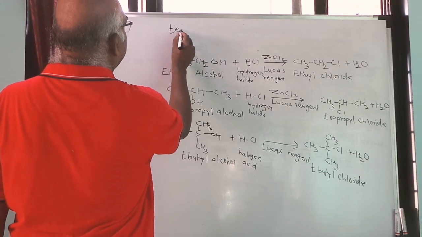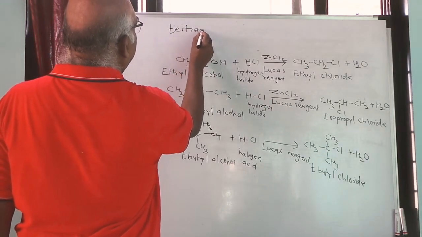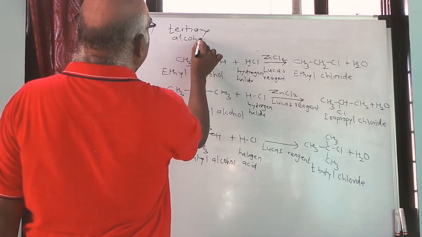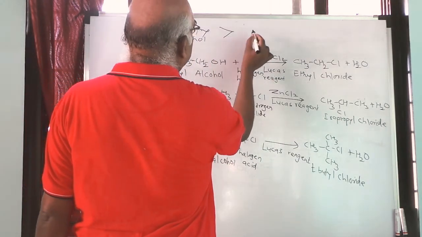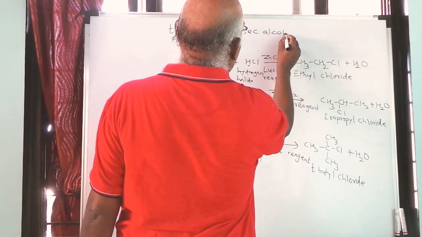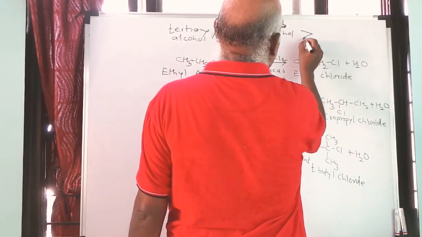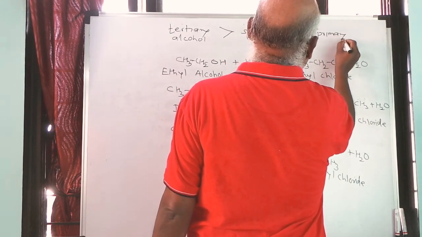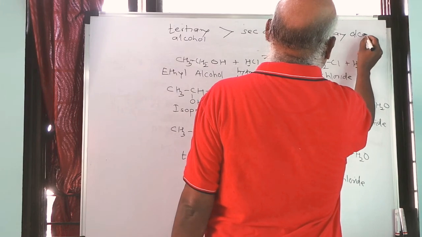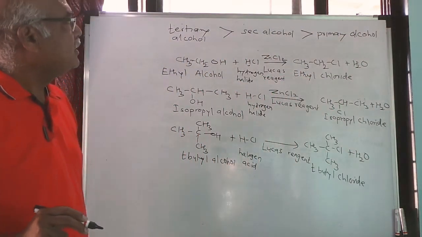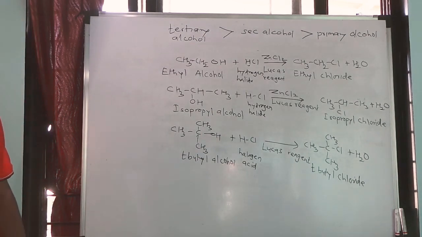Tertiary alcohols are more reactive than secondary alcohols, which are more reactive than primary alcohols. So the reactivity sequence will be like this: tertiary will be more reactive than secondary, and that will be more reactive than primary.